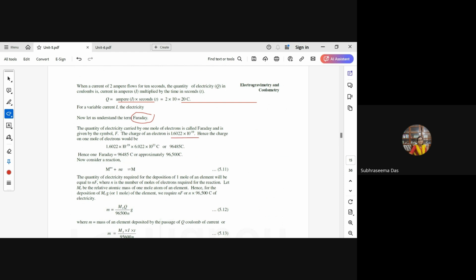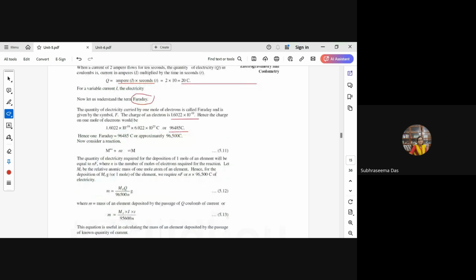Therefore, the charge on 1 mole of electrons is 1.6 into 10 to the power minus 19 into Avogadro's number, 6.023 into 10 to the power 23, which gives 96485 coulombs. Hence, we take 1 Faraday to be approximately 96500 coulombs. So 1 F is equal to 96500 C.